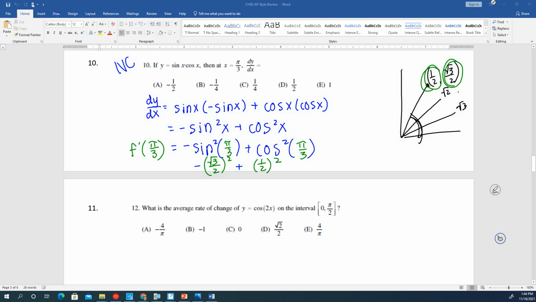I have to square that as well. All right, so here I would get negative 3/4. Sorry, negative 3/4 plus 1/4. So we get negative 2/4, which is negative 1/2, which is A again.